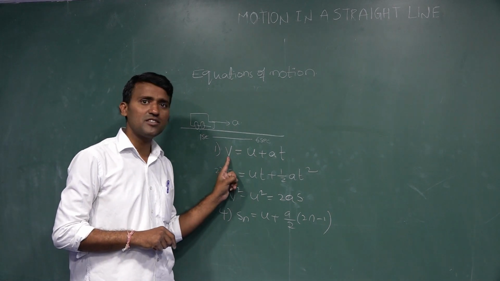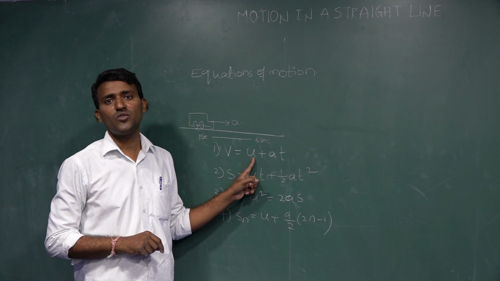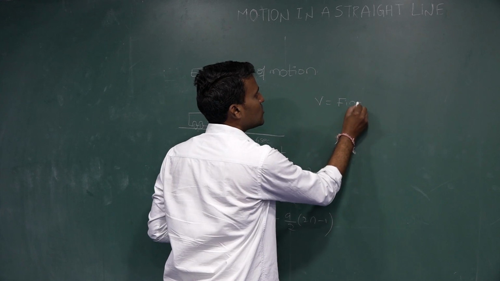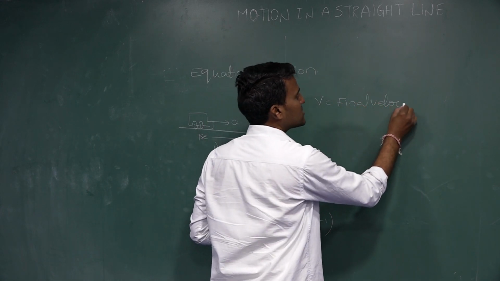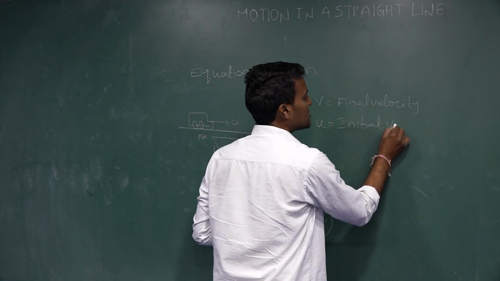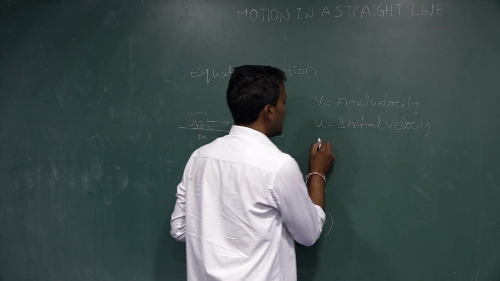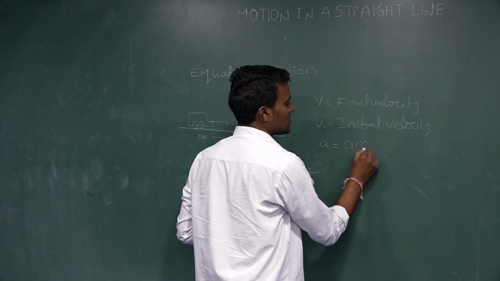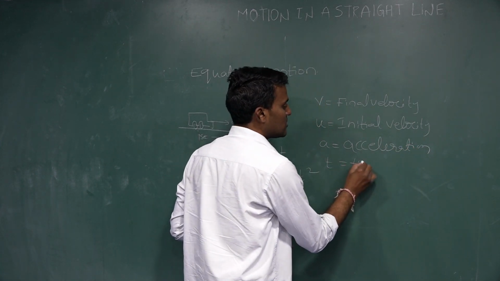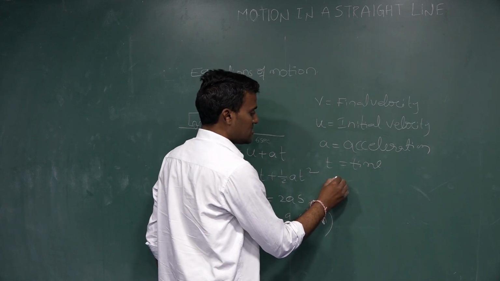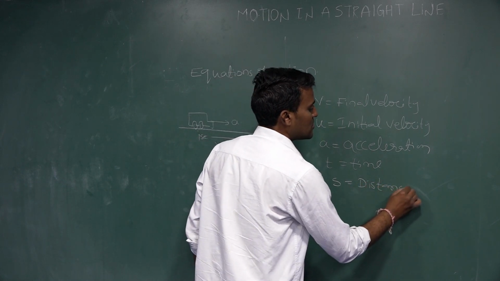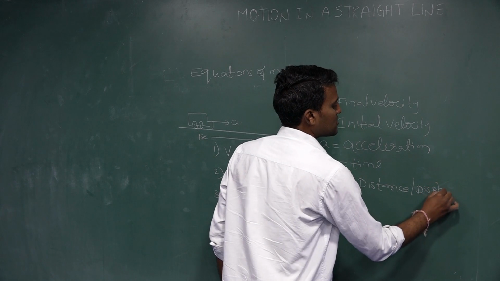In this situation, v is the final velocity, u is the initial velocity, a is acceleration, and t is time. Next, s is the distance or displacement.